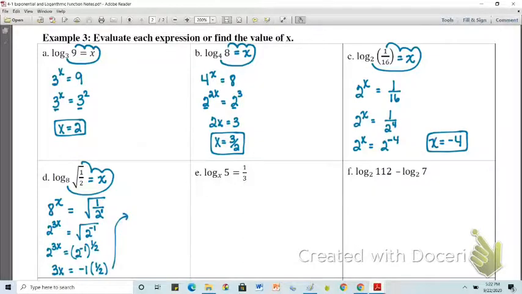So that gets me 3x equals negative 1/2. And now I'm going to divide by 3 or multiply by 1/3. So x equals negative 1/6.